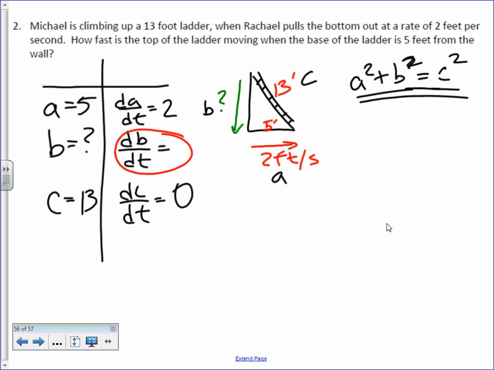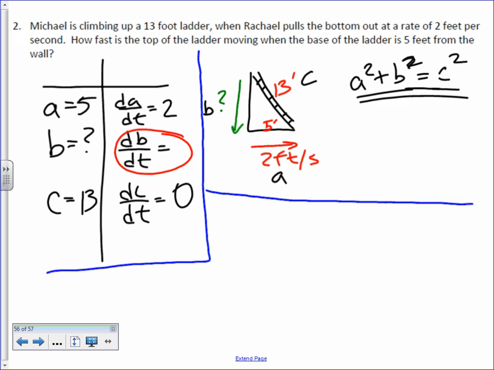Okay, so I'm going to do a little board dividing here. So here's my chart over here on the left. Here's my picture along with my equation that I'm going to use on the upper right. And now what we want to do is differentiate our equation. Remember, everything's a function of time now.